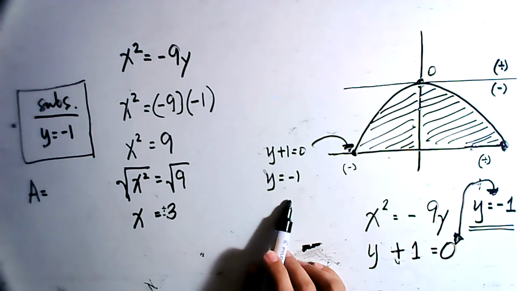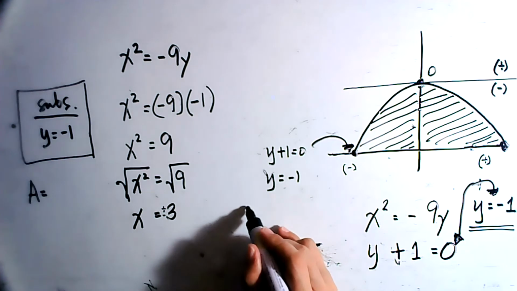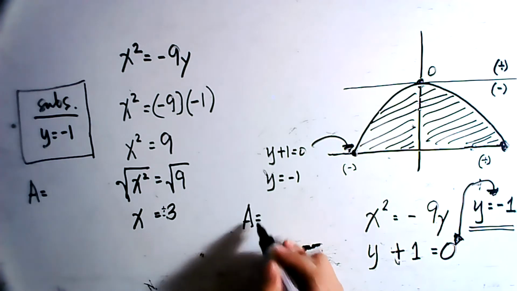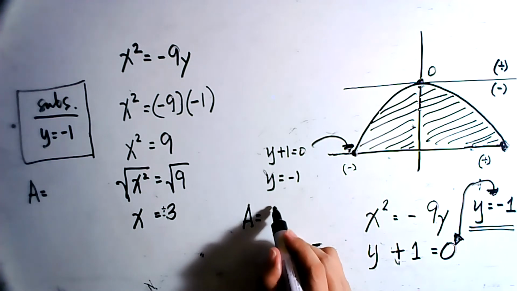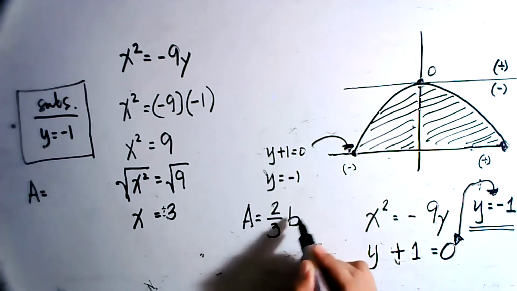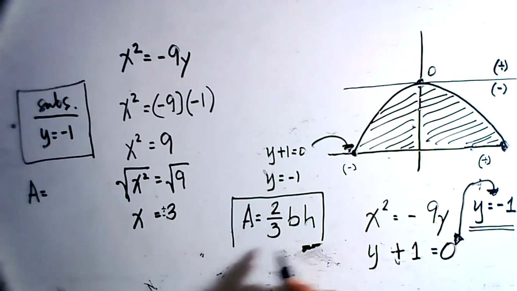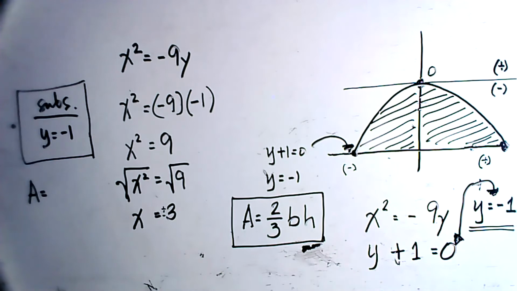So we are going to make use of a given area from the equation, 2/3 base times height. So this is a derived formula already.